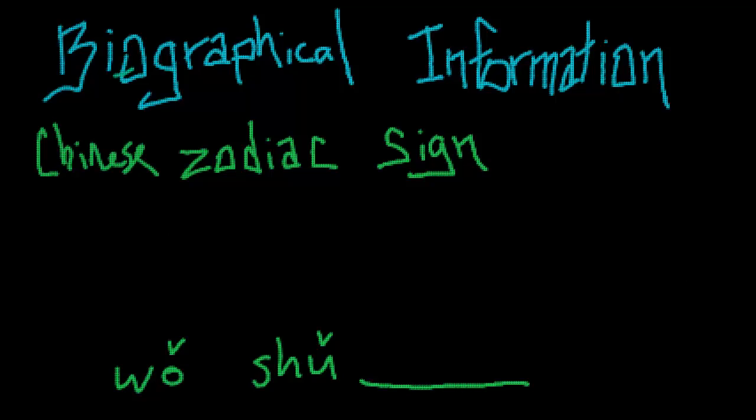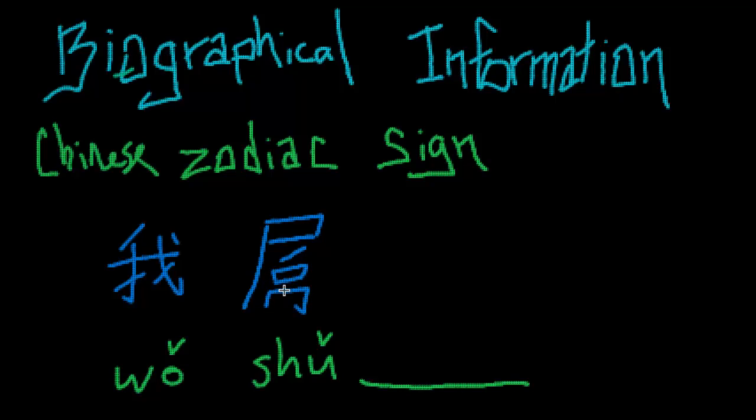So let me put the characters on here. 我 属 Now I'll provide you with this character because it's kind of long, so I don't expect you guys to be able to write this on your own. So 我属 that means I belong to or I'm a.